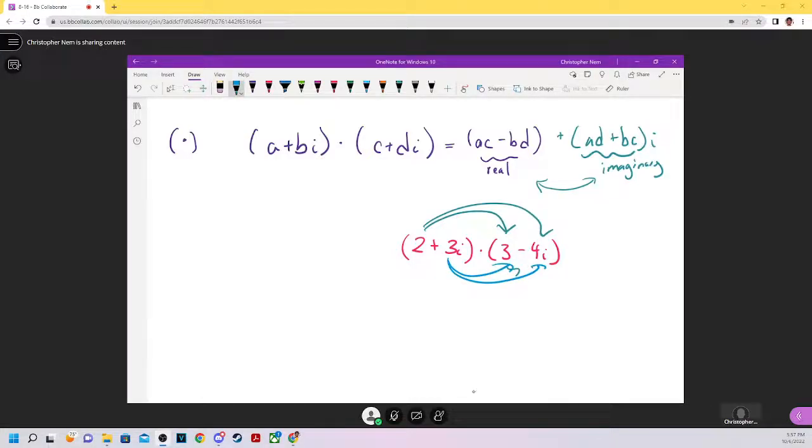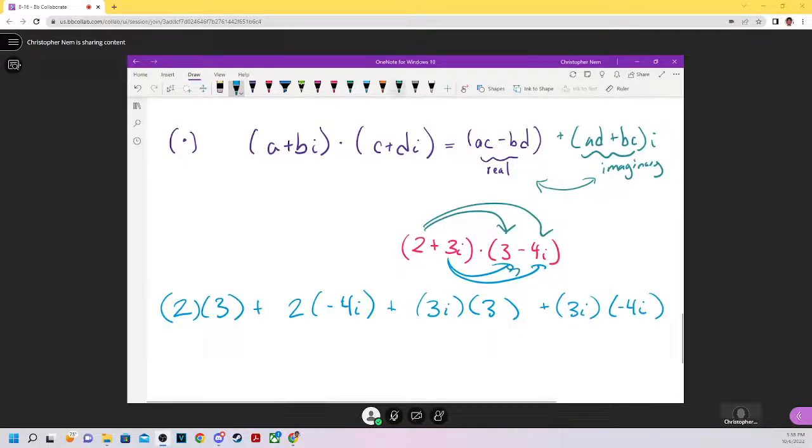If I do that, I get 2 times 3, and then 2 times negative 4i, plus 3i times 3. This is foiling, I'm just writing it all out. Plus 3i times negative 4i.